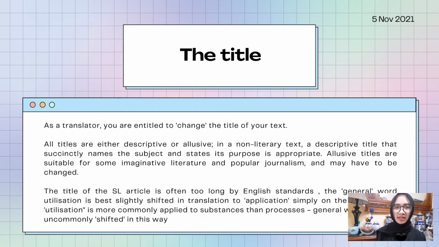The title of the SL article is often too long by English standards, and the general word utilization is best slightly shifted in translation to application, simply on the ground that utilization is more commonly applied to substance than processes. General words are not uncommonly shifted in this way.